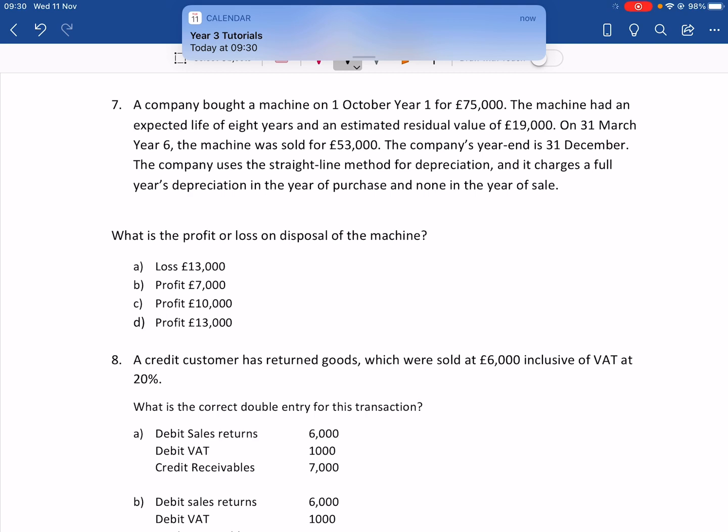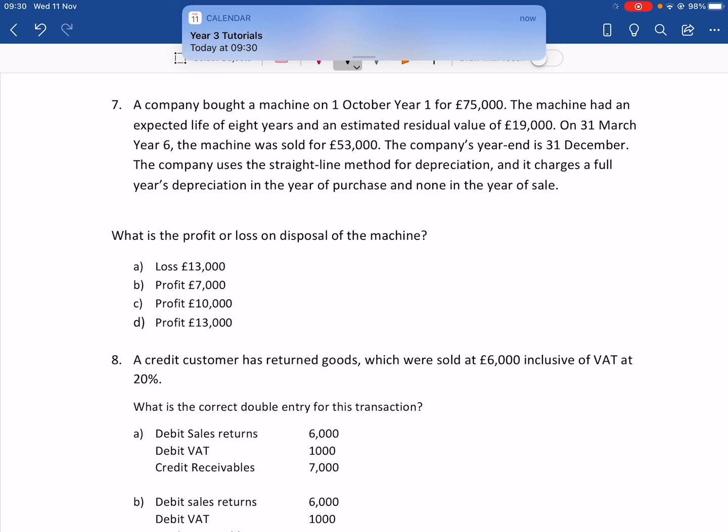On the 31st of March in year 6, the machine was sold for £53,000. The company's year end is the 31st of December. We're going to work out the total depreciation we need to charge per year, and then the value of the asset when we sell it.